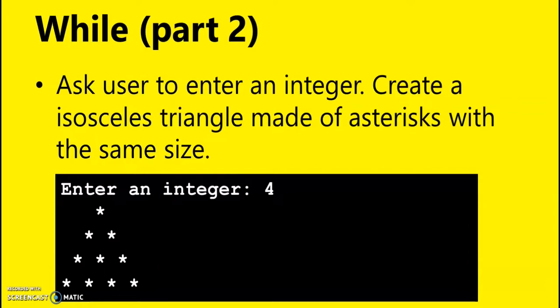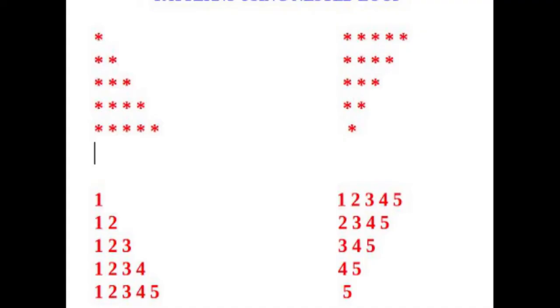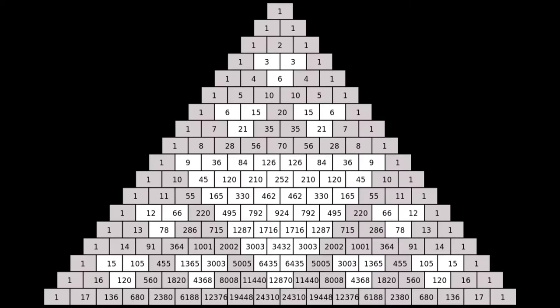Of course there are additional examples to do this. Why don't you try these shapes? Some of them are asterisks, some are numbers. And if you're really into programming and would like to challenge yourself, although there are answers online, you can always challenge yourself to do it on your own, find the formula for it, to display this triangle, which is called the Pascal triangle.